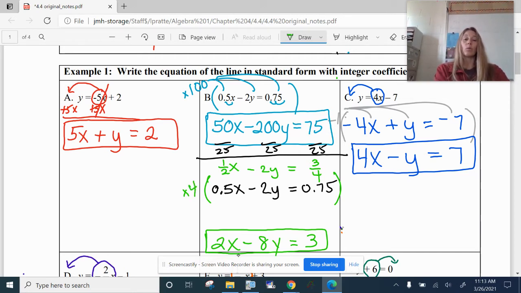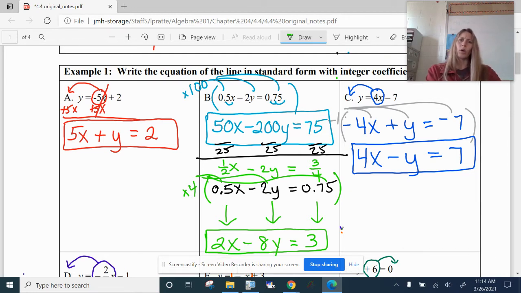They both go into 4. So if you distributed a 4 to this from the beginning, you would have ended up with this answer here, because 4 times 1/2 or 0.5 would give you that 2x, 4 times 2 would give you the 8, and 4 times 0.75 would give you 3.